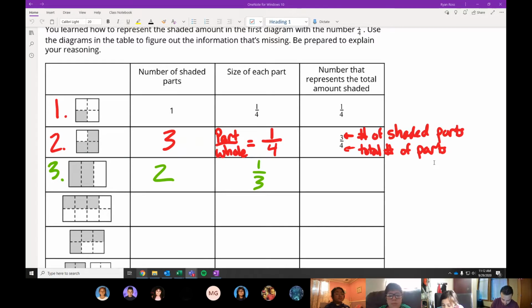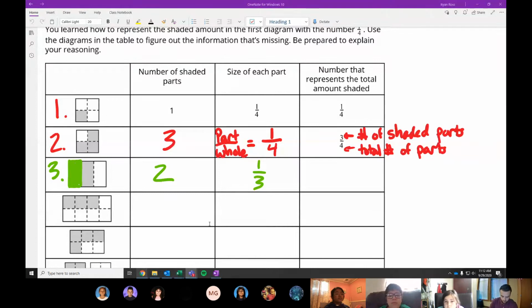Because let me backtrack a little bit for those that may not have tracked that. We're trying to find the size of each individual part, so only one piece. Okay, there's 2 that are shaded in, but when we're only looking at 1, there's 1 piece out of 3 possible pieces, so 1/3 is the size of each of those parts that were cut up.